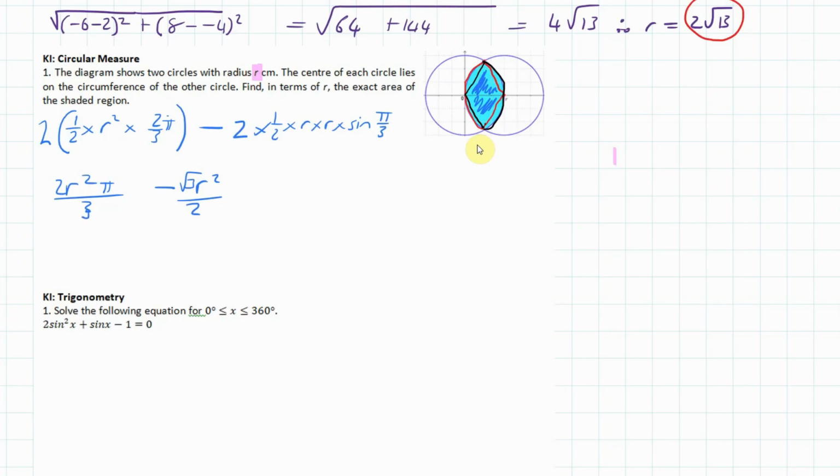And so I guess we want to factorize that by taking out the r squared. Oh, sorry, that's also a 3 there, isn't it? And then I guess we could take out this 3 here.